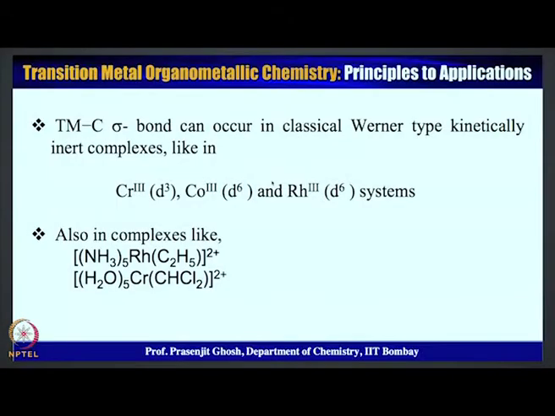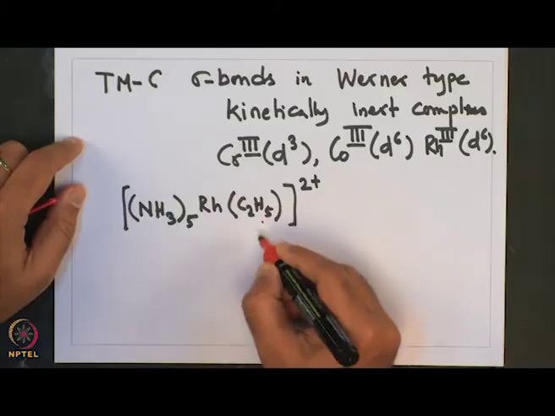So, rhodium has 5 ammonia and the ethyl group has the beta hydrogen.